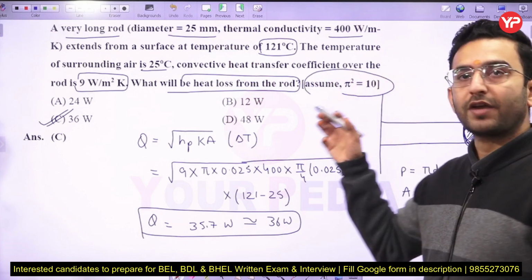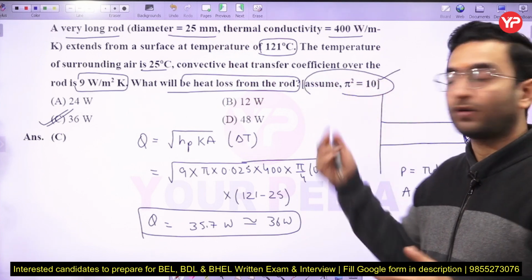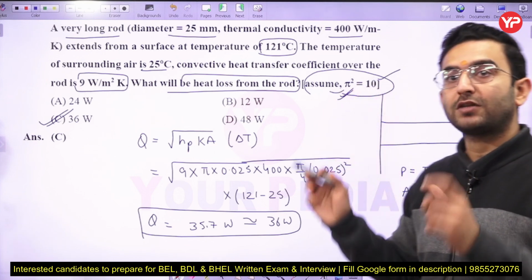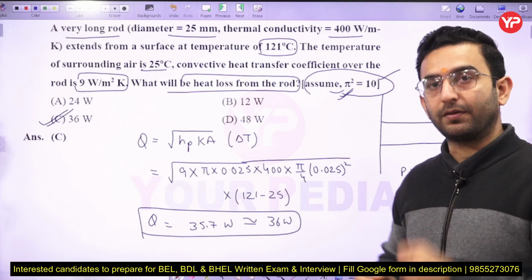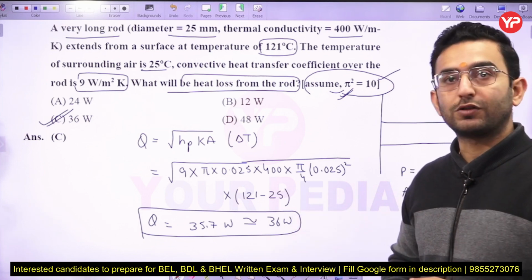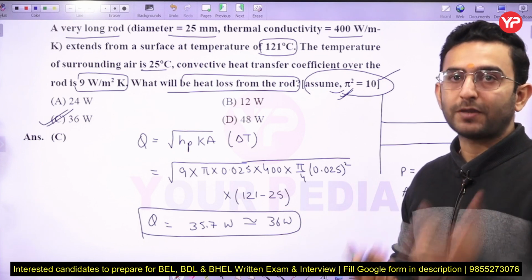They have asked you to assume the value of pi square. That means the calculator is not going to be provided to you. Maybe the same scenario is going to follow this year also, so you have to practice all the numericals without a calculator. That will be much better for you.